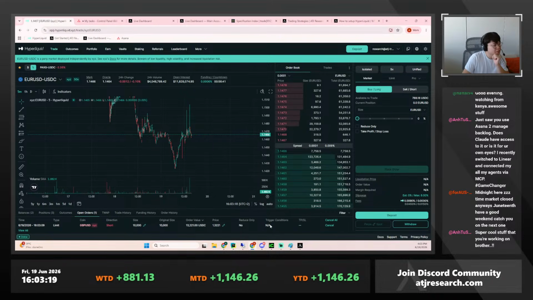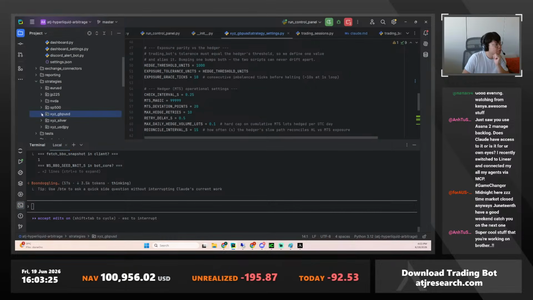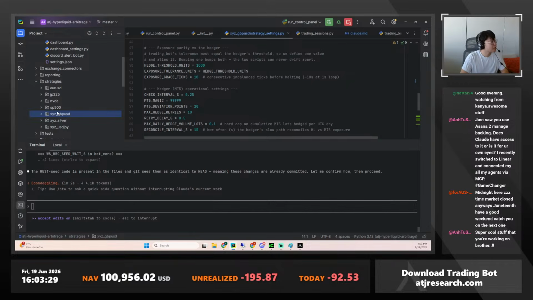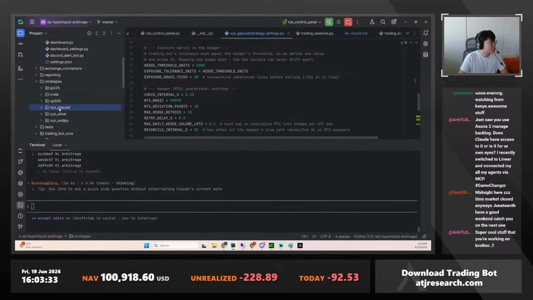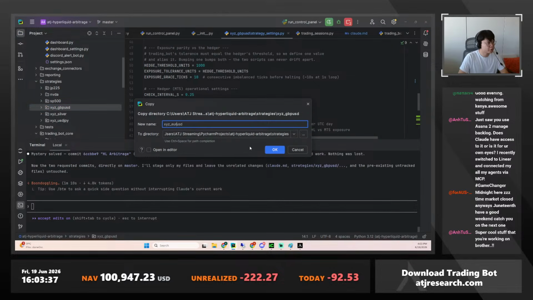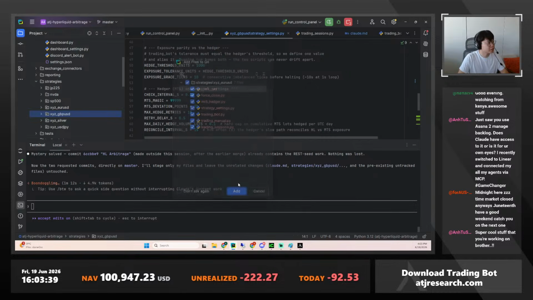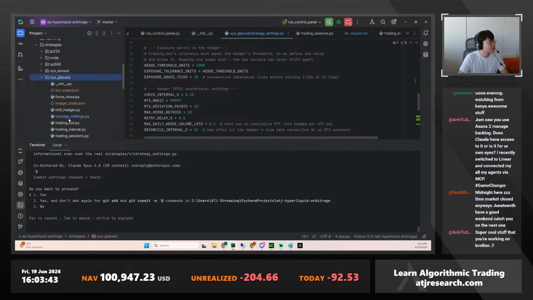And so let me just copy the folder and apply it on EURUSD. The settings are going to be pretty much the same because it's both Forex. So I can delete the old folder here, right? We don't need it anymore. I'm going to apply this one on EURUSD. So let me start it. Let me just add the things here.